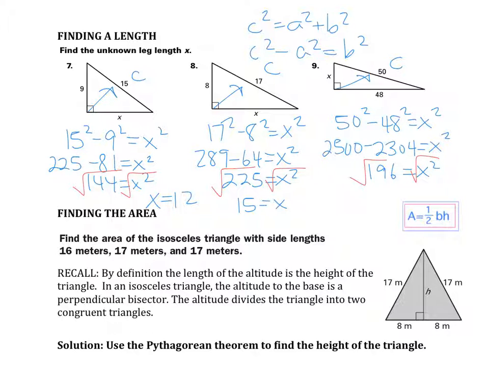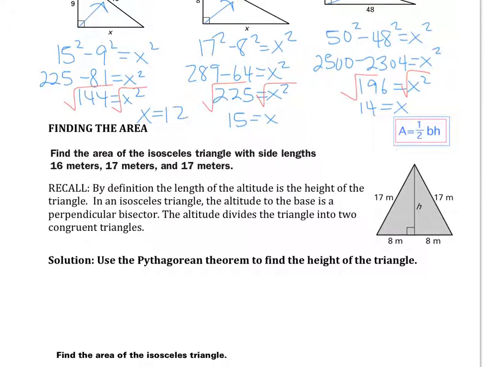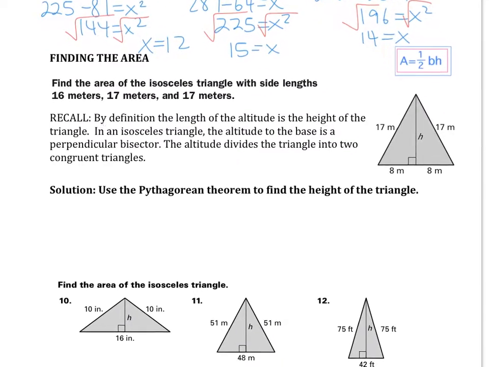These happen to all be perfect squares, so there's no need to find an equivalent or a simplified square root.